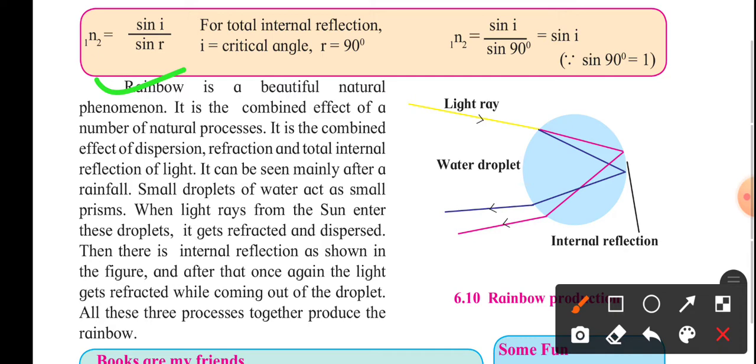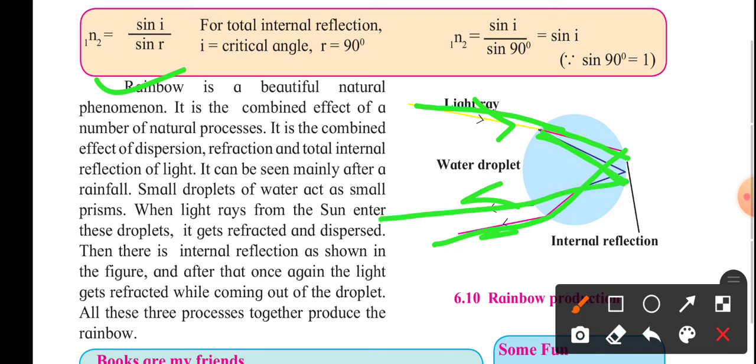First, refraction takes place as the light enters inside. Then the dispersion of light also takes place, and then the total internal reflection, and the rainbow comes out from here. These three phenomena, dispersion, refraction and total internal reflection, are responsible for the formation of a rainbow in the sky.